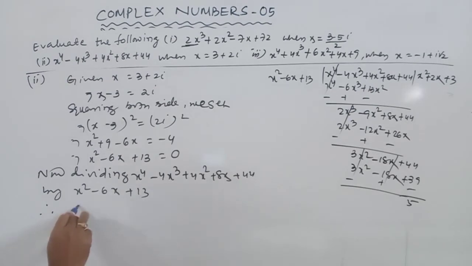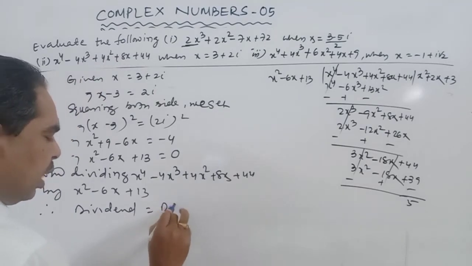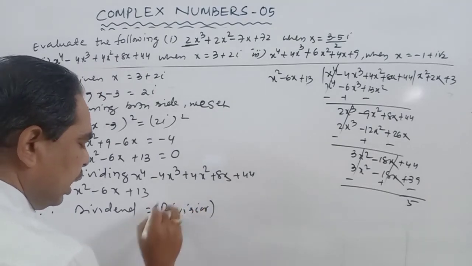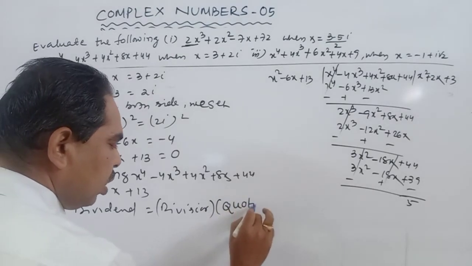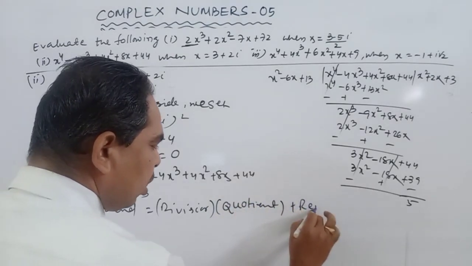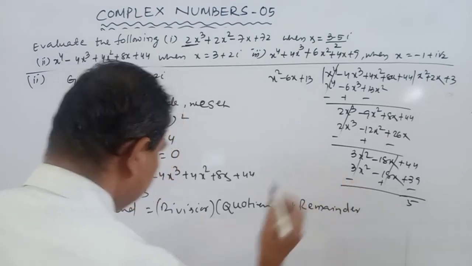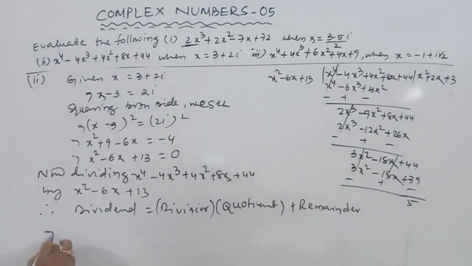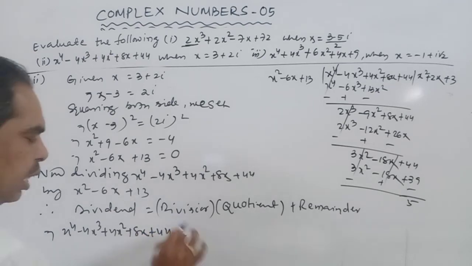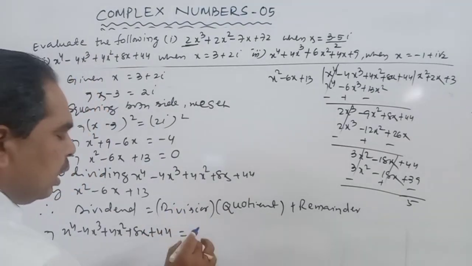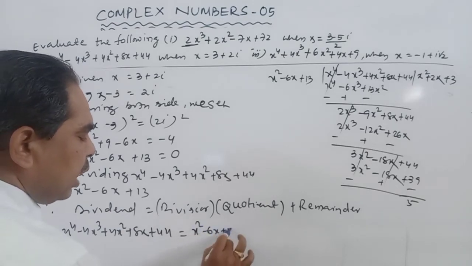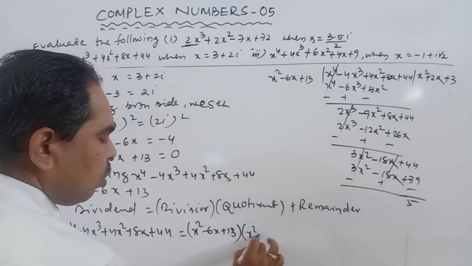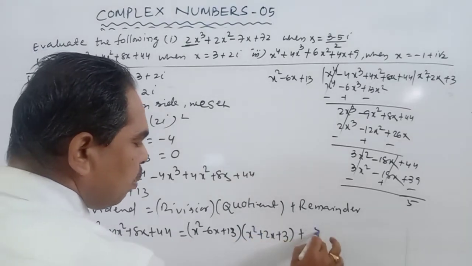So therefore dividend is equal to divisor into quotient plus remainder. That implies x fourth minus 4x cube plus 4x square plus 8x plus 44 is equal to divisor (x square minus 6x plus 13) into quotient (x square plus 2x plus 3) plus remainder 5.